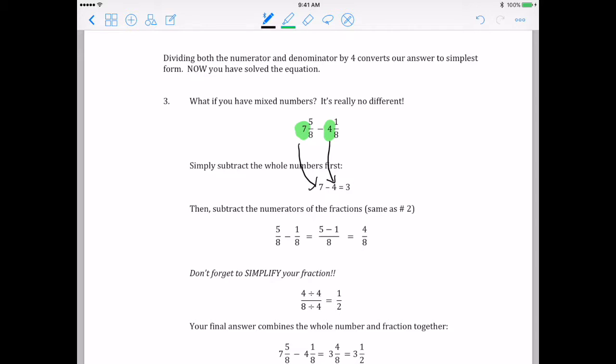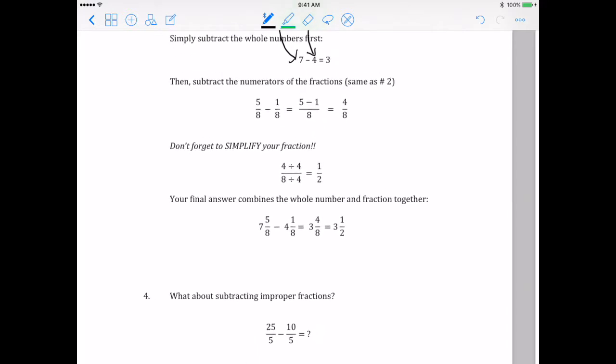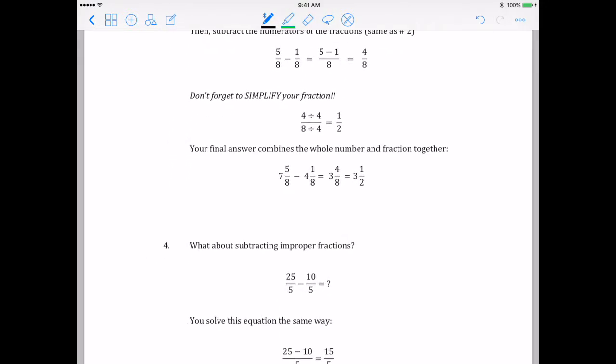Then you're going to subtract the numerators of the fraction, same as example 2 that you just saw on the last page. So 5/8 minus 1/8 equals 4/8. Don't forget to simplify your fraction. 4 divided by 4 is 1. 8 divided by 4 is 2. So your final answer combines the whole number and the fraction together.